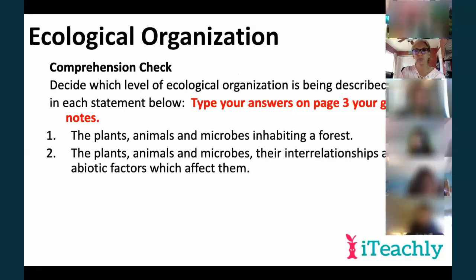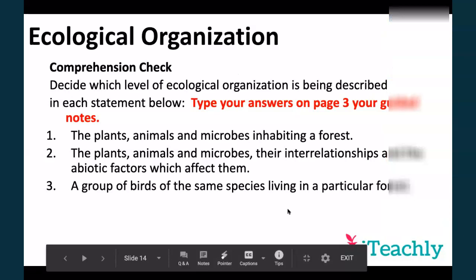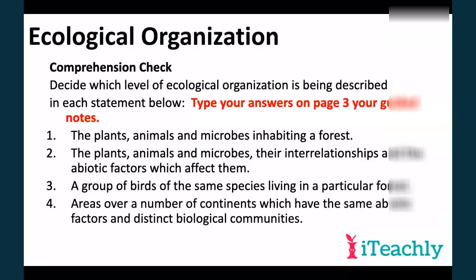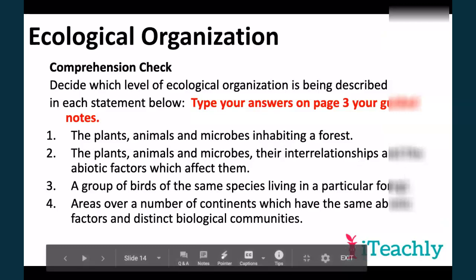For number 3, you have a group of birds like the cardinals living in a particular forest, like out back of the high school. And number 4, areas over a number of continents which have the same abiotic factors and distinct biological communities. Number of continents, not just found here in the United States.